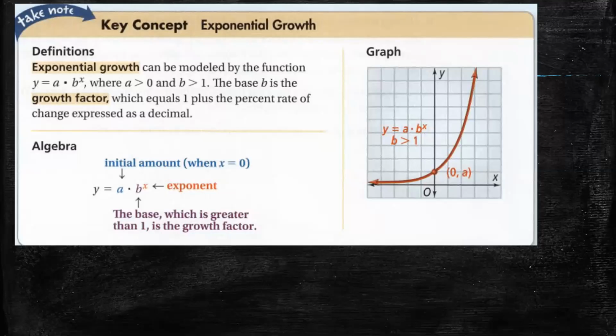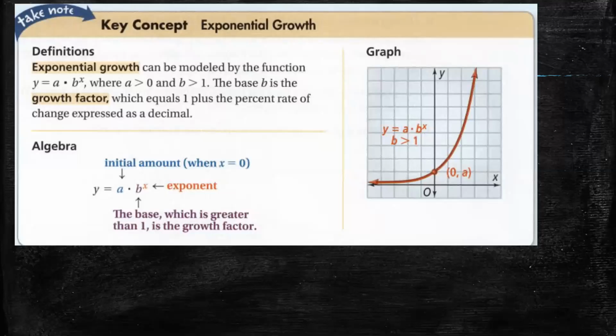A is an initial amount, and it must be greater than 0. That means a cannot be negative. It cannot be -1 or -5. It must be greater than 0: 0.1, 0.5, 0.7, 1 point something, 2 point something.